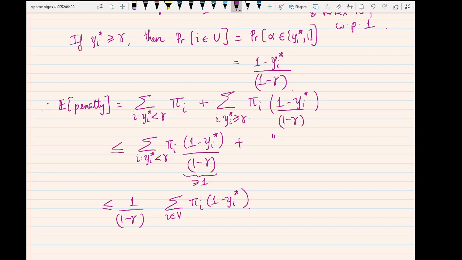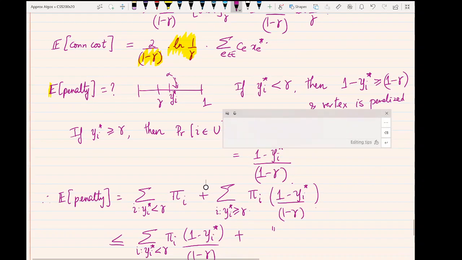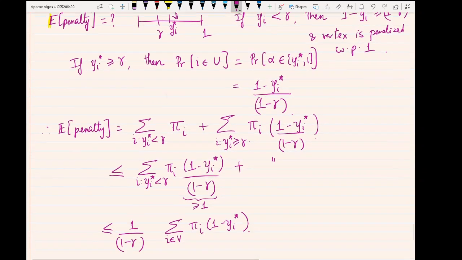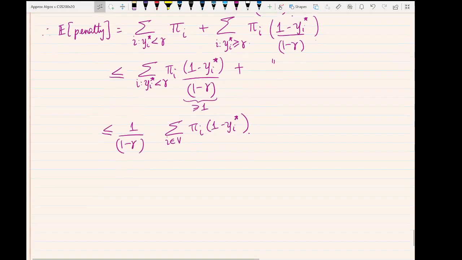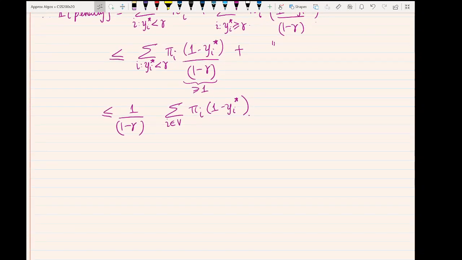Okay. So we have bounded both our connection cost as well as the penalty of skipping vertices cost that is output by the algorithm.